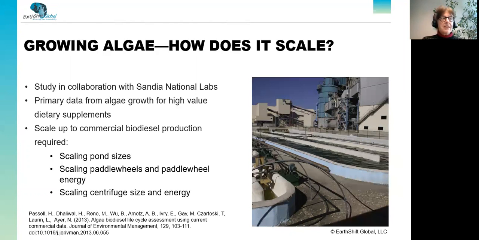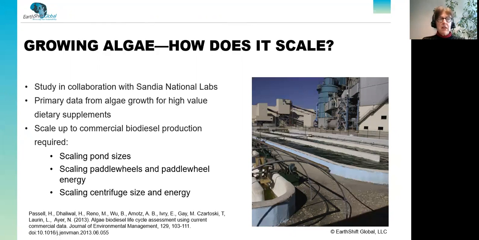researchers at Sandia and said, let's look at what this could look like if we scaled it up. You know, we would have bigger ponds, we would have bigger pumps, and that would improve the efficiency of the system. So we looked at scaling the pond sizes, scaling the paddle wheels and the paddle wheel energy.